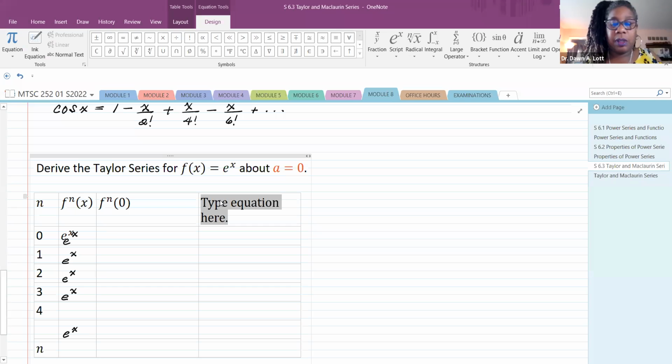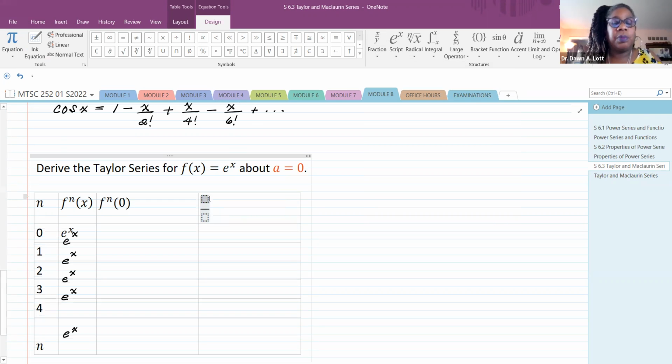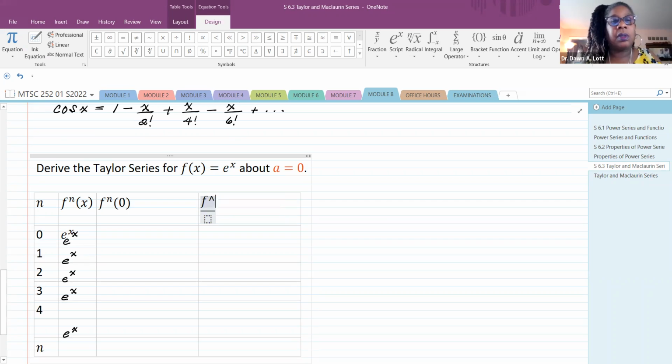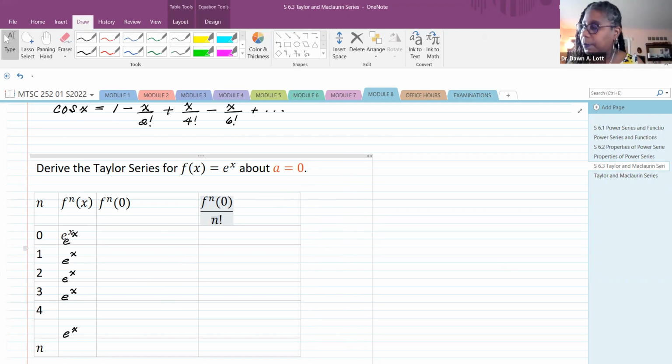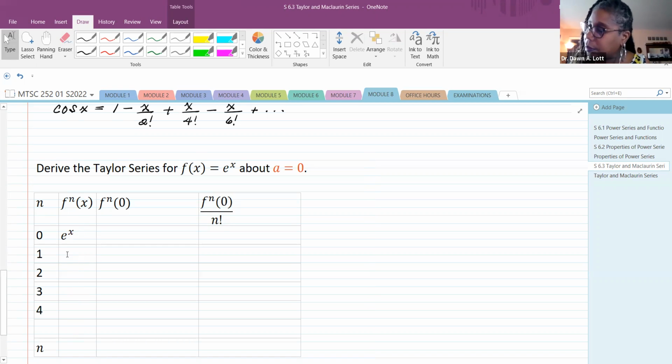What I need to now compute here needs to be a fraction. And this is going to be the nth derivative divided by. So I figured I would have to rewrite it because they would all be scrunched up, but that's okay. You know, all of these were e to the x.